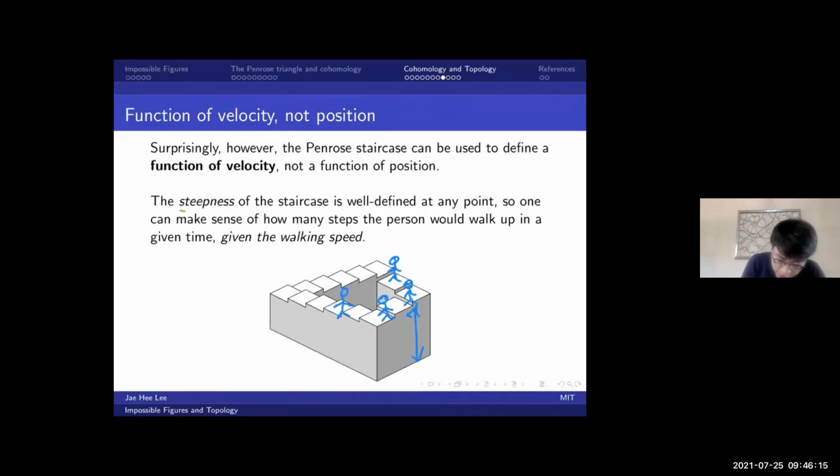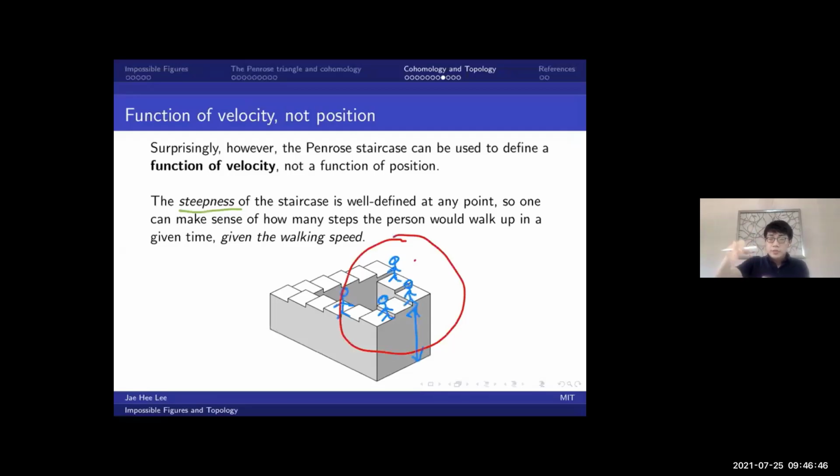Although the position is not well defined, you can still define the steepness of the staircase, just by virtue of this picture being locally consistent. So if you look at some partial part of this whole picture, you can still make sense of how high you're going to rise if you're given the speed that you're walking up the stairs.